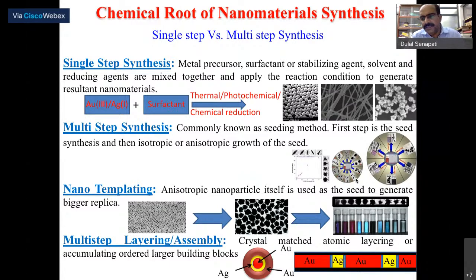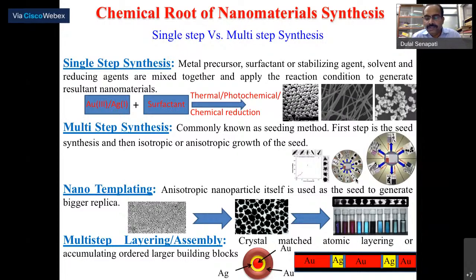The first one is single step synthesis. So in single step synthesis, what do we do? We use the metal precursor, we use the surfactant, and then different conditions to reduce it. It could be a reducing agent, thermal energy, photothermal energy, or radiation, whatever.